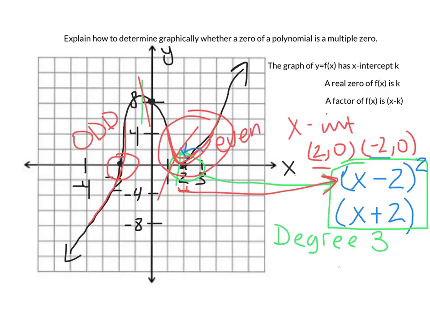Now, because we know that we have a degree 3, the number of factors has to equal 3. We have 1 here. We don't have to put a 1. But then if we know this has to be even, 2 is our only logical choice. And so this function factors out like so.